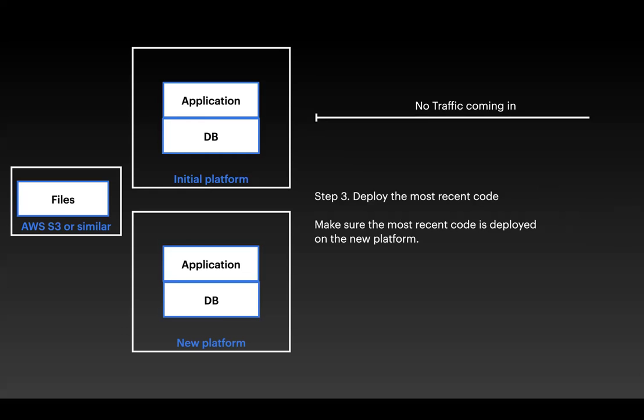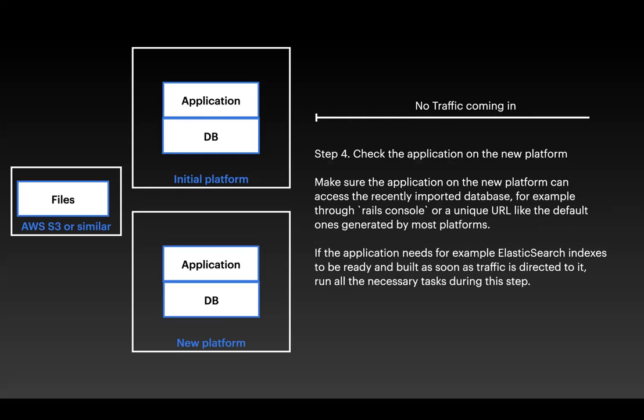Step 3, like I said, deploy the most recent code to make sure you have the most recent code. And now, if you have other things to do, like, for example, Elasticsearch, or other dependencies or other servers, this is the time to rebuild all the indexes or push whatever needs to be cached in Redis or memcached or whatever other architecture specific modules or dependencies you are using.